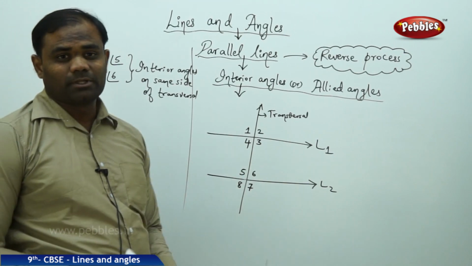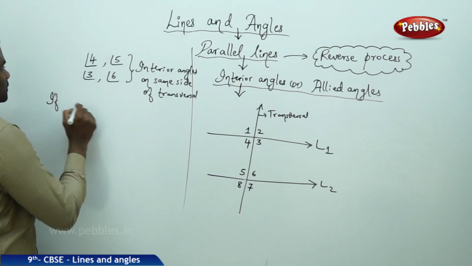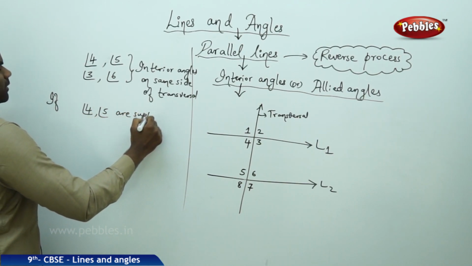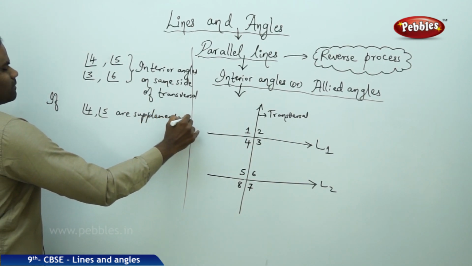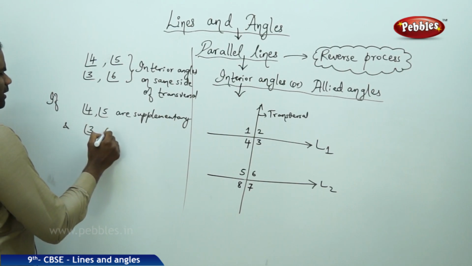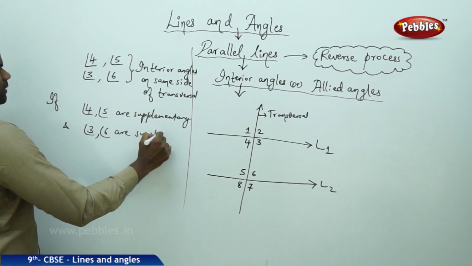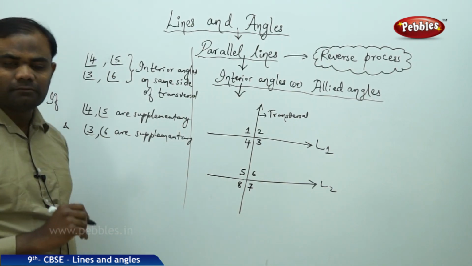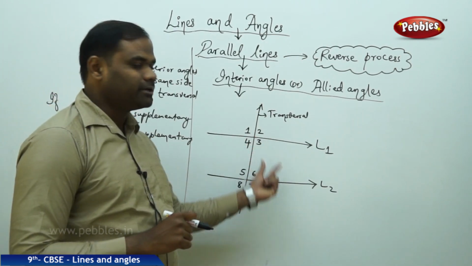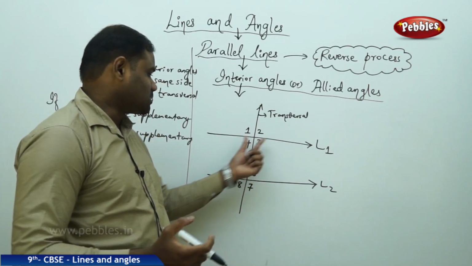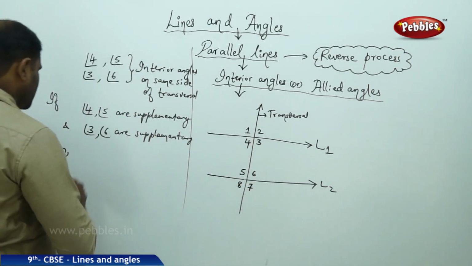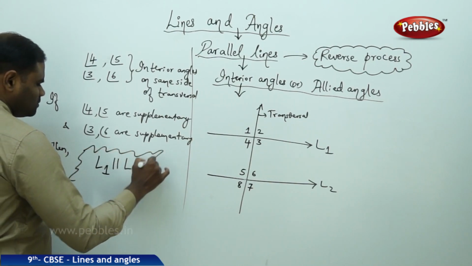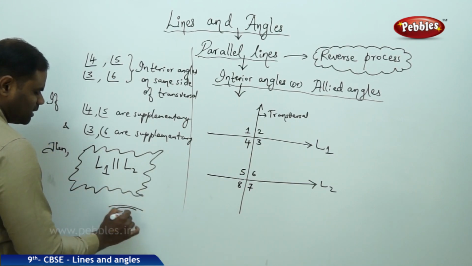So let's see with the property that if angle 4 and angle 5 are supplementary and angle 3 and angle 6 are supplementary, then the reverse process says that given the condition that interior angles on the same side of the transversal are supplementary, or the sum is 180, then L1 must be parallel to L2. This is how the condition states parallelity.